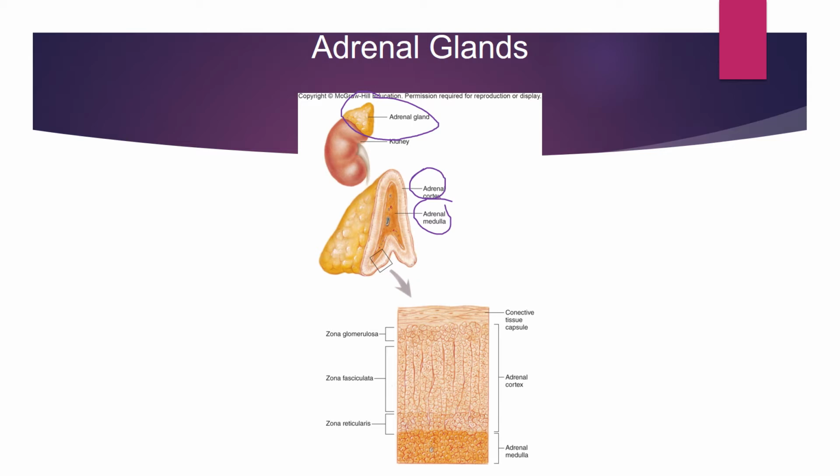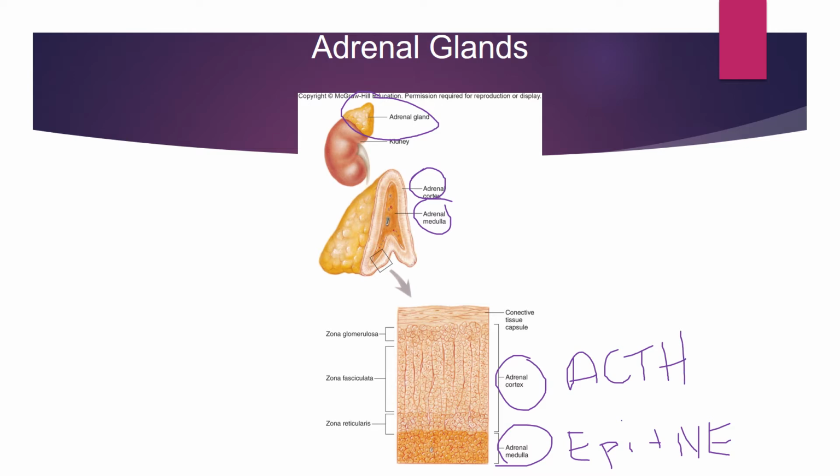The adrenal medulla, like what we have here, is neural tissue, and it secretes epinephrine and norepinephrine in response to sympathetic nervous system stimulation. The adrenal cortex, which is what we have here, is a glandular epithelium, and it secretes steroid hormones in response to adrenocorticotropic hormone, or ACTH.